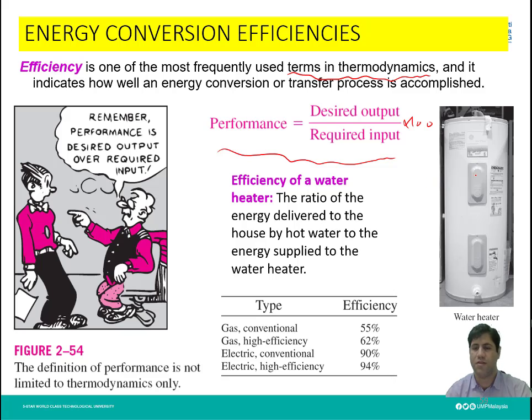And for example, you can see here for a water heater, the ratio of the energy which is delivered to the house by hot water to the energy supplied to the water heater.